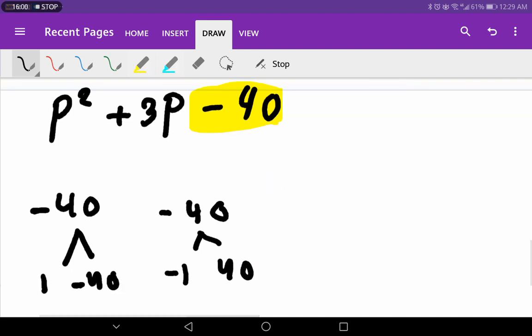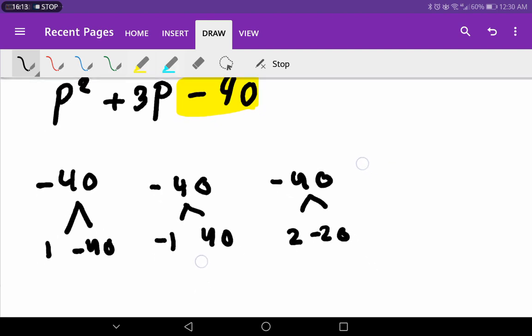Yes? And the negative 40, my dear student, comes from 2 multiplied by negative 20, or negative 2 multiplied by 20. What else?